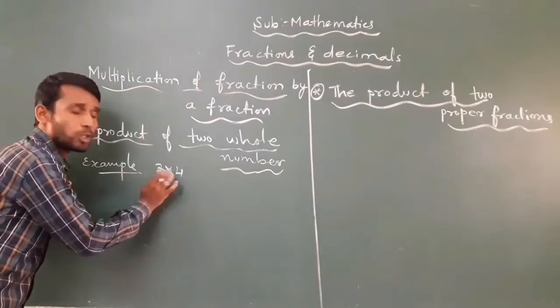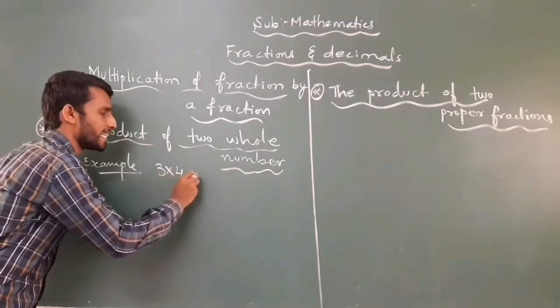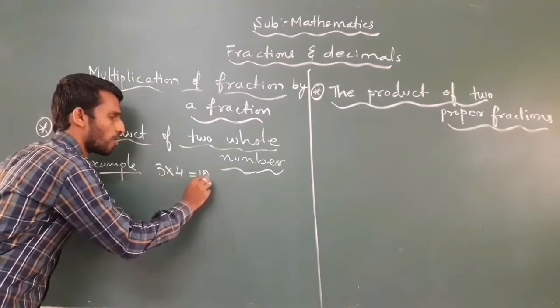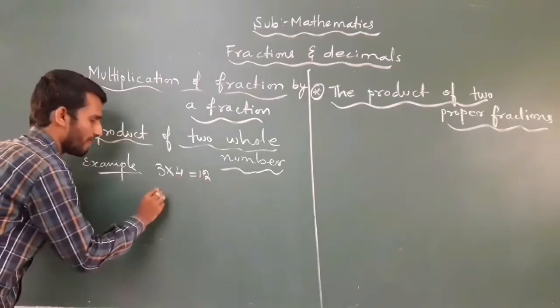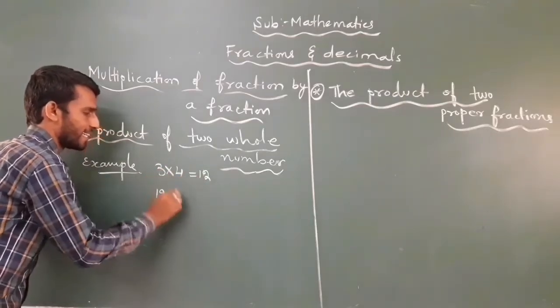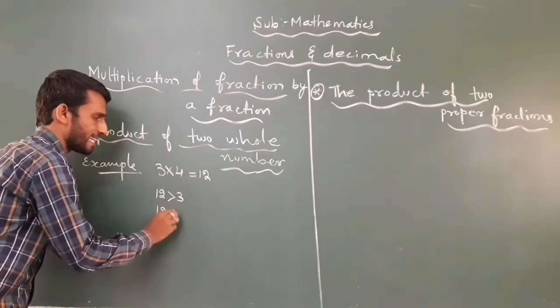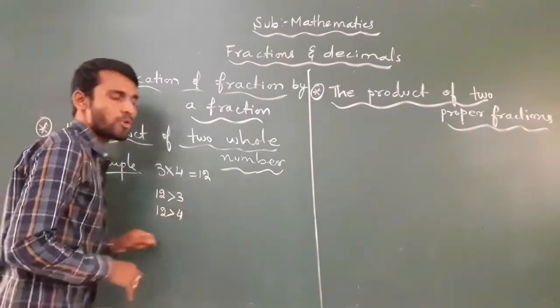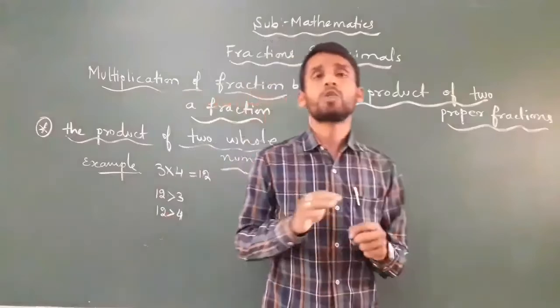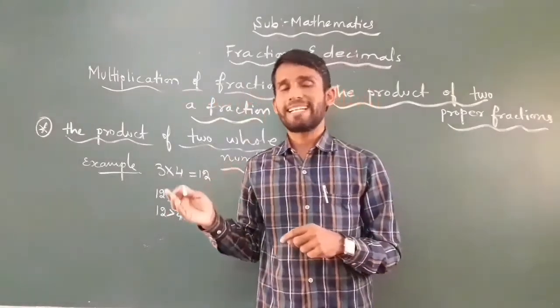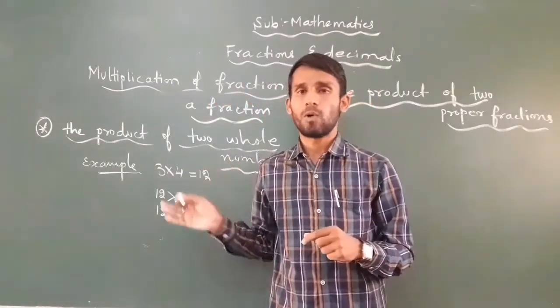When we multiply them, we get 12 as the answer. See, 12 is greater than 3. Also 12 is greater than 4. When we multiply 2 whole numbers, the product is greater than each whole number.